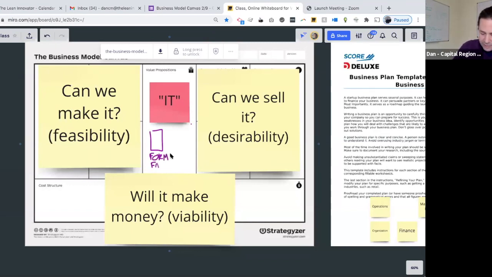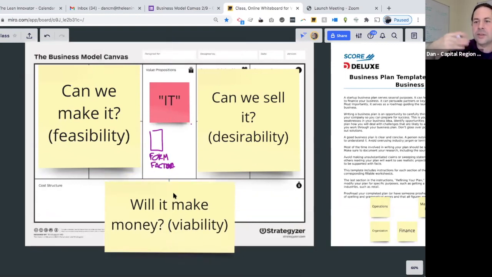The form factor can be hardware, software, or a service, or typically a combination of all 3 of those things. And the other thing is, intrinsically, what does it mean to the customers? If we know these 2 things, then we have a value proposition.